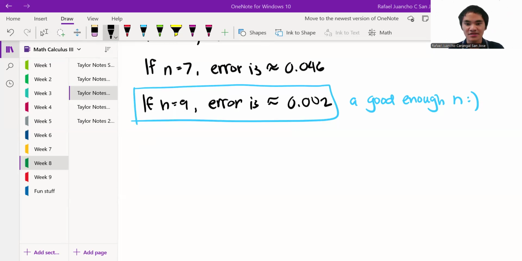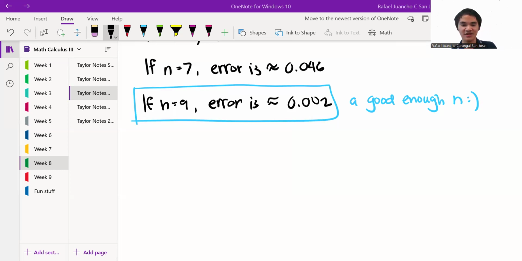And apparently here, when we got n equals 9, that's a good approximation for e to the x in the interval negative 1 to 1, right? And then for the graphs, I mean, it just gets better and better. I kind of showed it already in Desmos, but yeah, that's the idea.